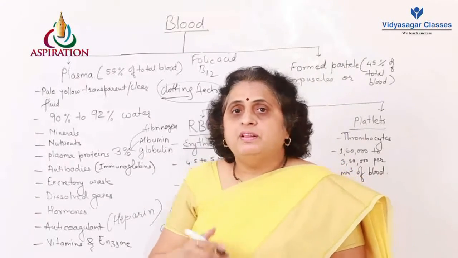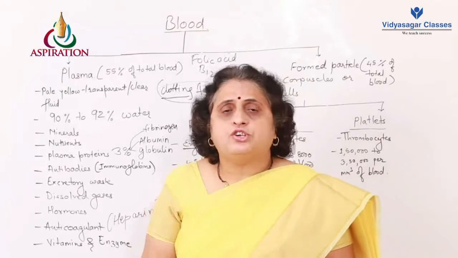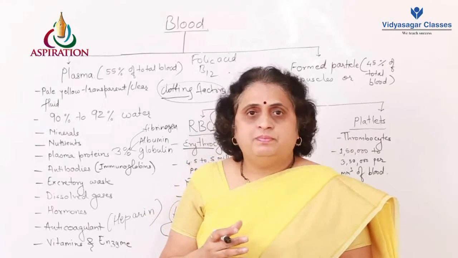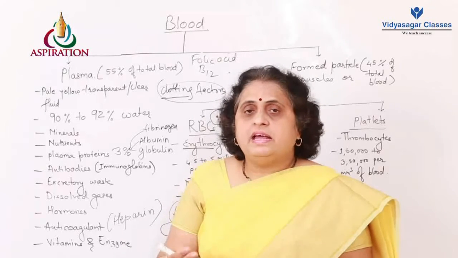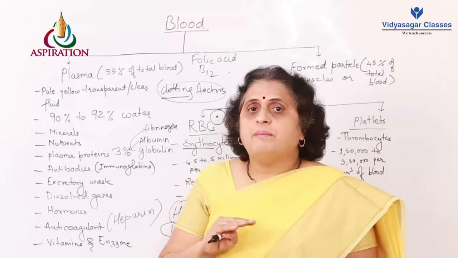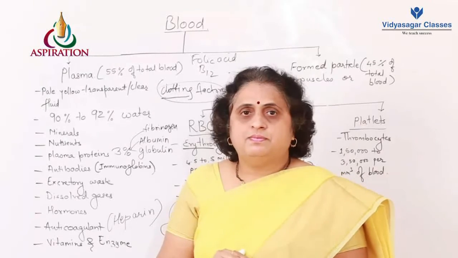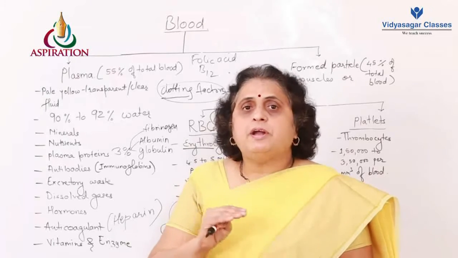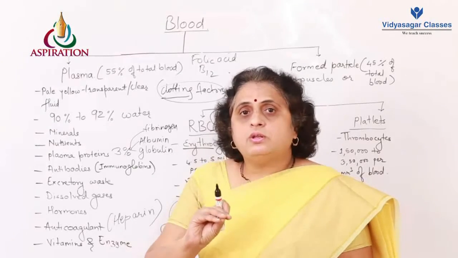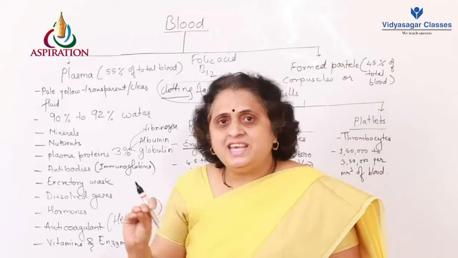But sometimes there is excessive production of RBC, which is abnormal. Or sometimes there is less production of RBC, which is again an abnormal condition. The lesser production of the RBC is called erythrocytopenia.